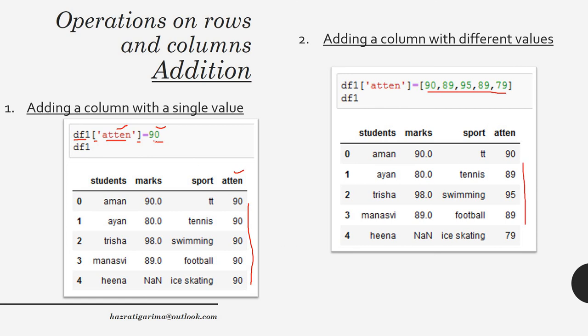When I give a single value, it enters the single value all over the data frame. But if I give the values in the form of a list, then it gives the values in the data frame like this. So in addition, first, you can add a column with a single value. You can add a column with different values. If you want to add a column with different values, you can use the list method.